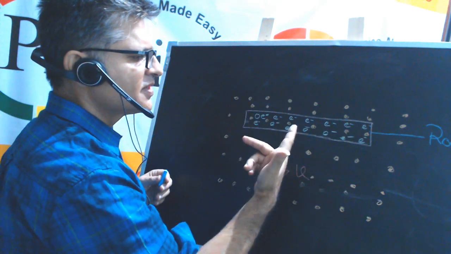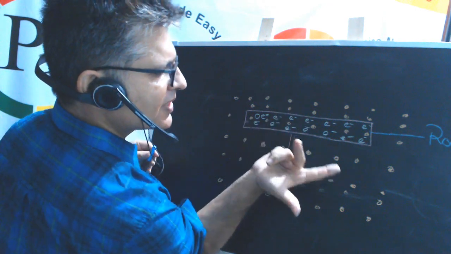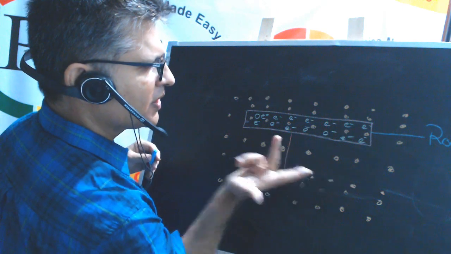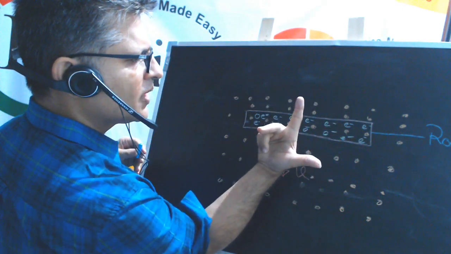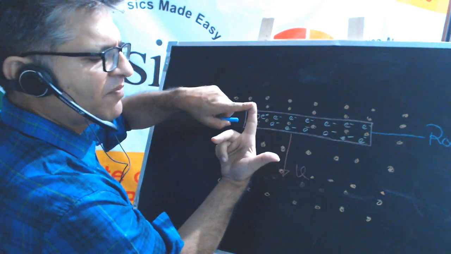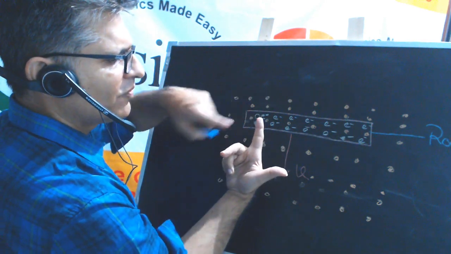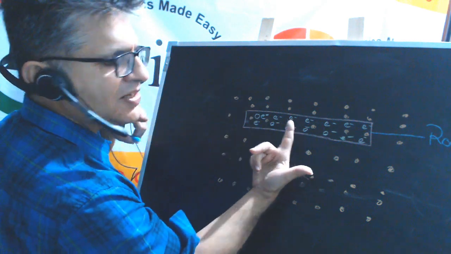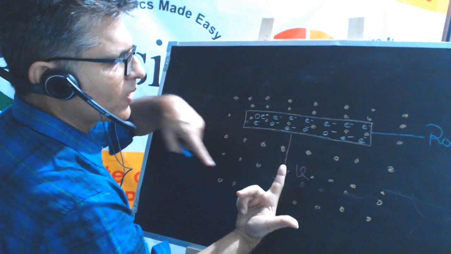So you can see that the magnetic field is outward, the velocity is in the downward direction. I'm showing the velocity upward. It is downward actually, but because the charge is negative, I can invert the velocity. Instead of downward, I can show it up.